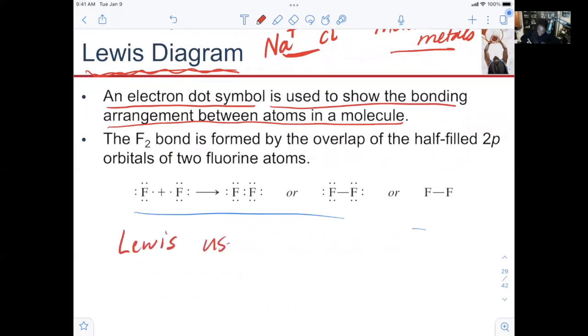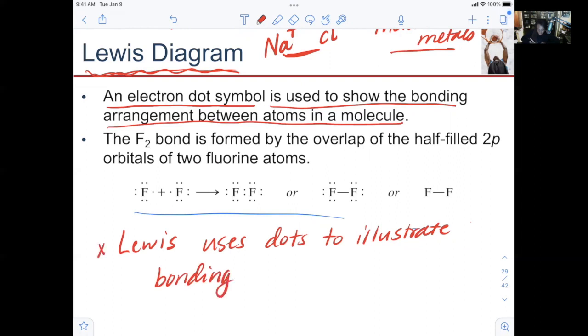Lewis uses dots to illustrate or to show bonding. So his claim to fame is that he did a very good job at introducing us to how elements bond and why they bond the way they bond.